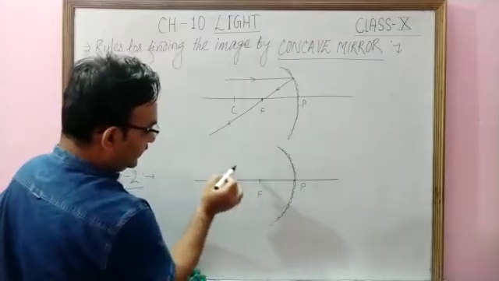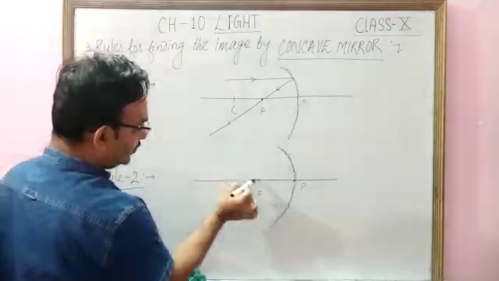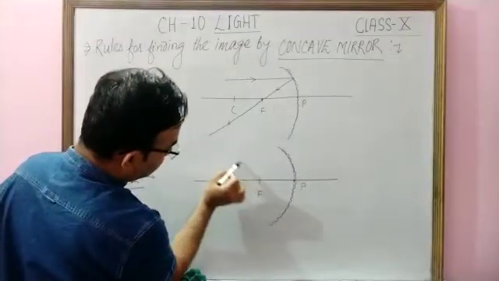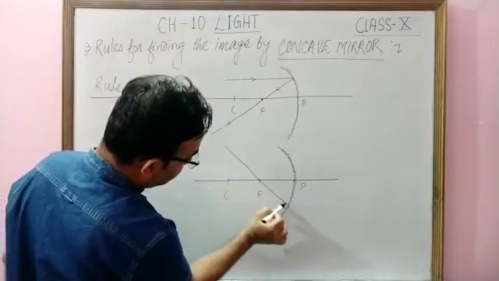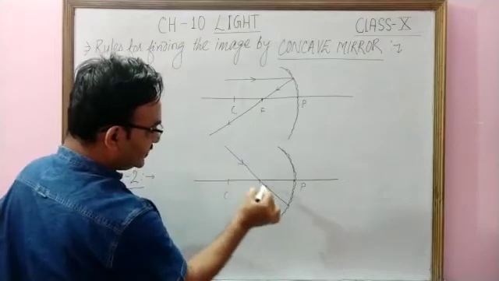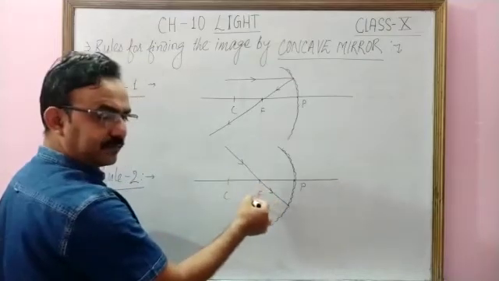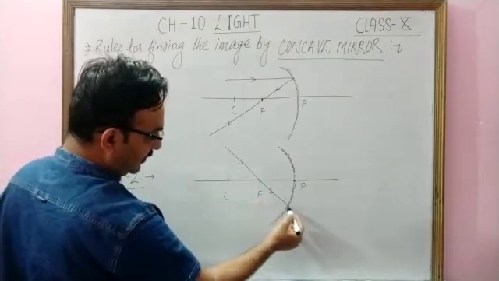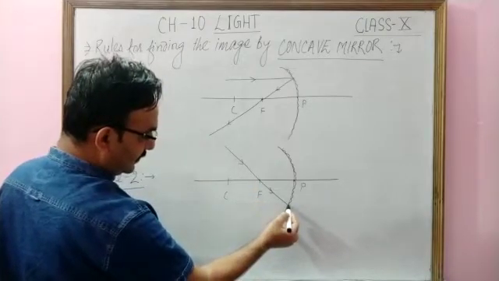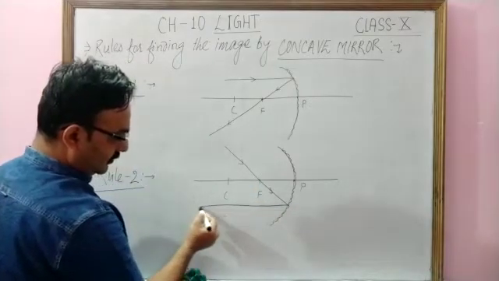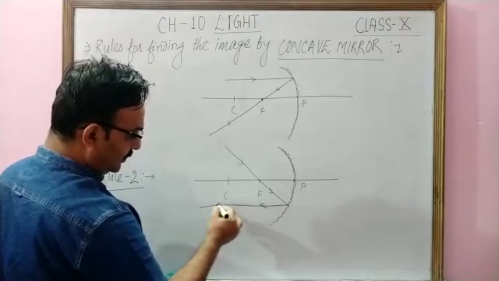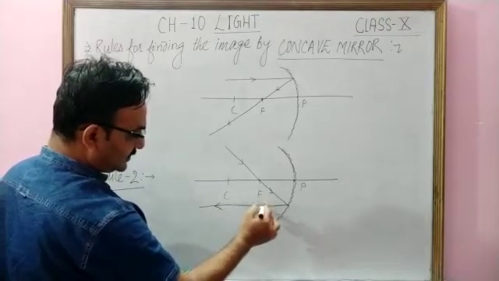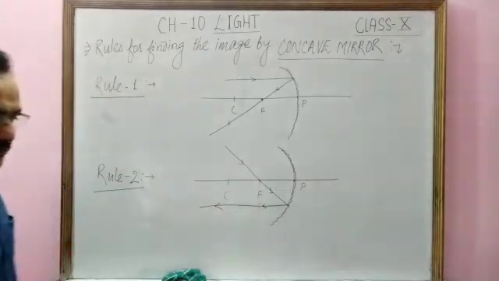As per the statement, this is incident ray, if incident ray passes through the focus of concave mirror, then reflected ray becomes parallel to the principal axis. Is it clear?